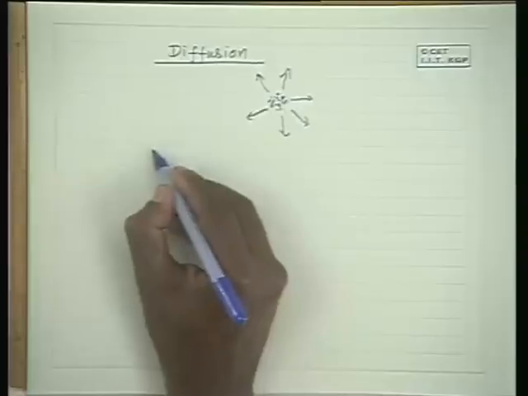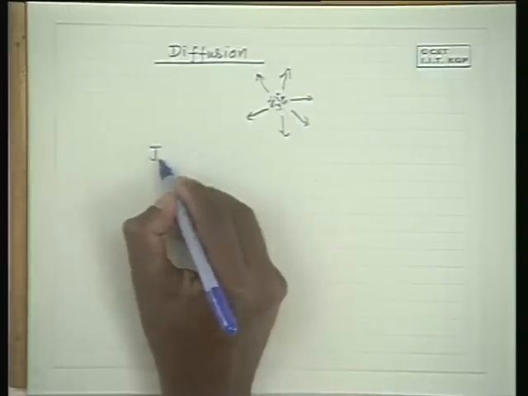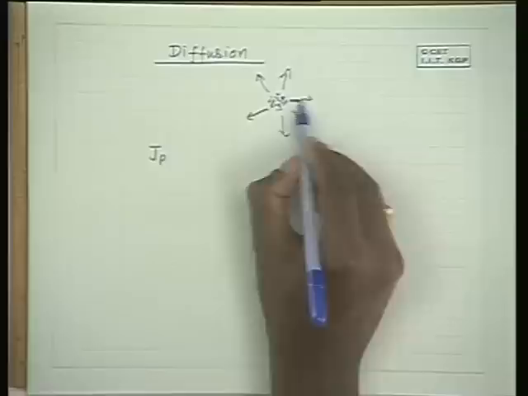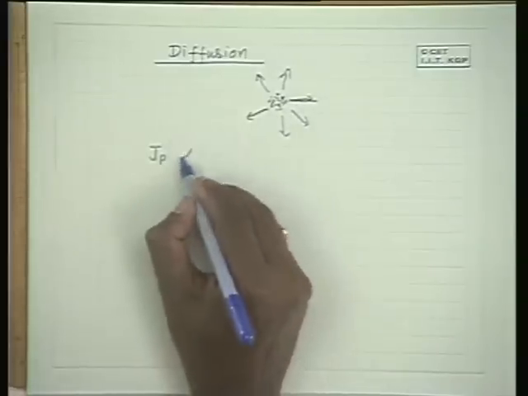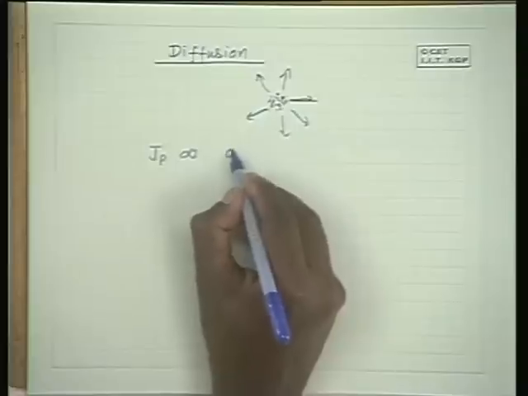and the current that is contributed due to this movement from high concentration to low concentration is proportional to the concentration gradient.